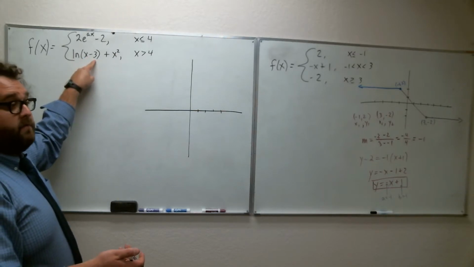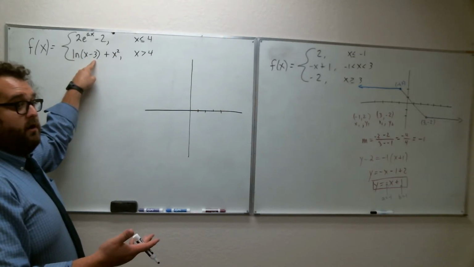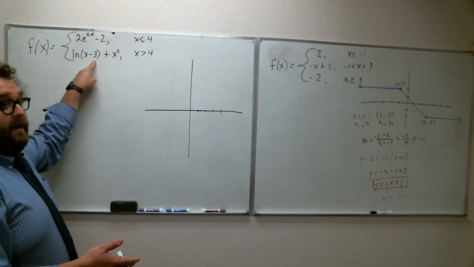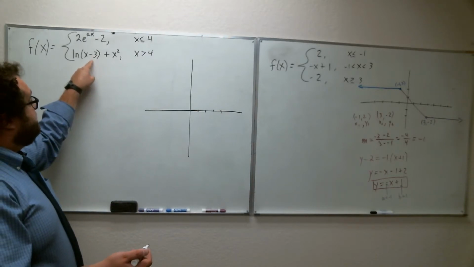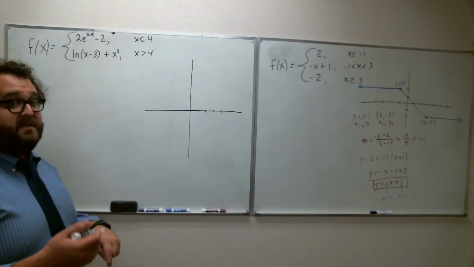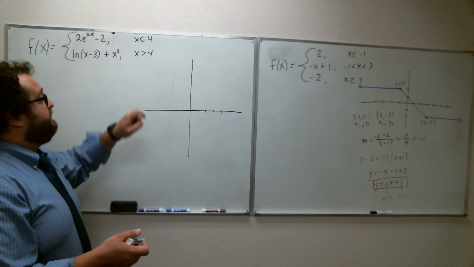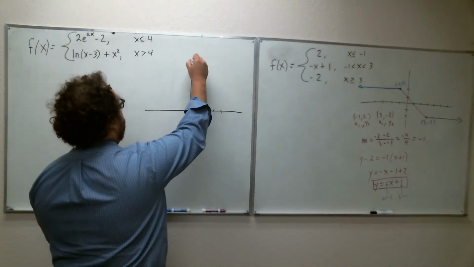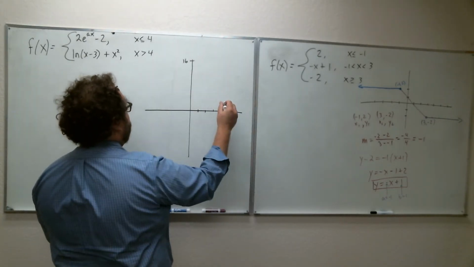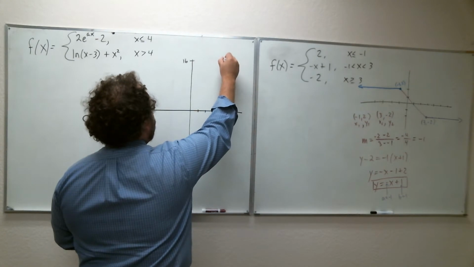Natural log of 1. What's the natural log of 1? Or what's the log, any base, of 1? It's 0. So it would be 0 plus 4 squared, which is 16. So if this was defined for 4, I'm going to have to truncate the scale here. Let's say that's 16. We would have this point.